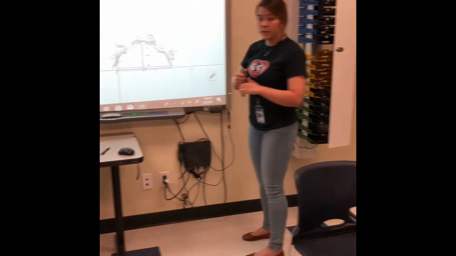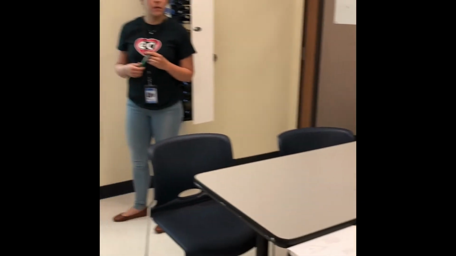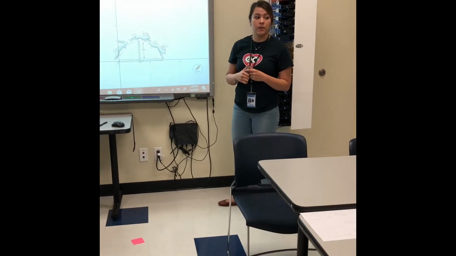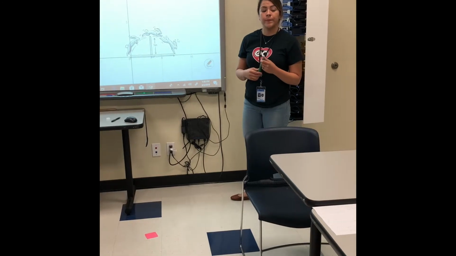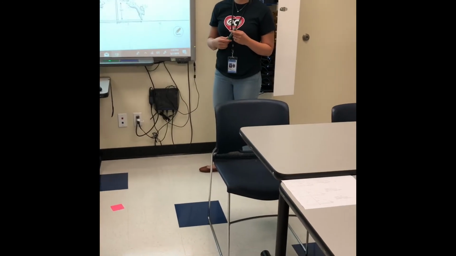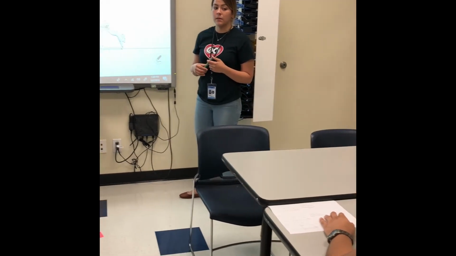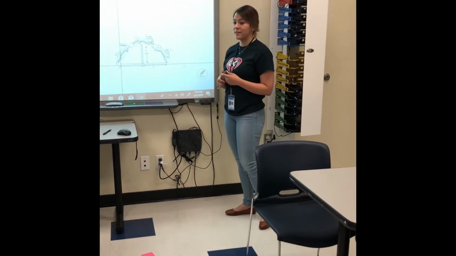What is a vertex again? It's the point, like for example on a parabola, the middle point of it, where the line of symmetry cuts it in half. Good, yes, the line of symmetry.